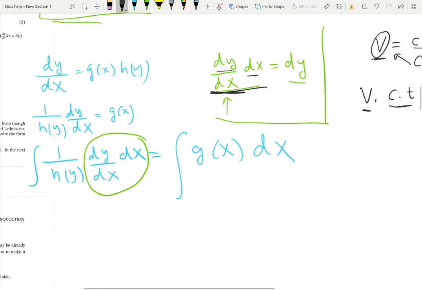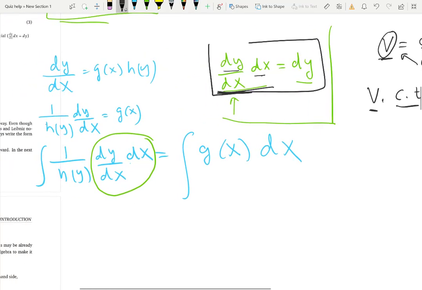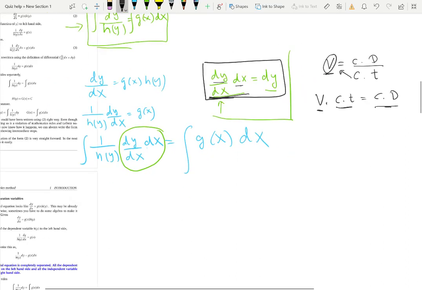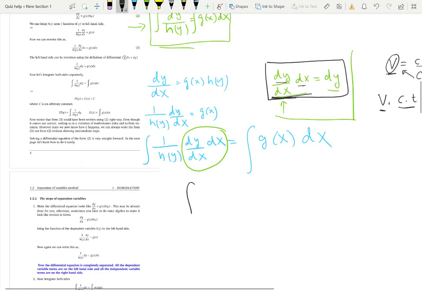Okay, but this is a definition. This is the definition of differential. If you have forgotten it, you can Google it probably. So because of that definition, here we can write 1 over y times dy. Instead of having dy over dx times dx, we can write dy, and we can write this statement.